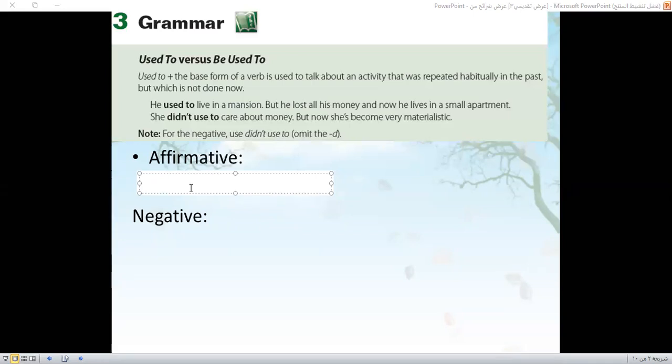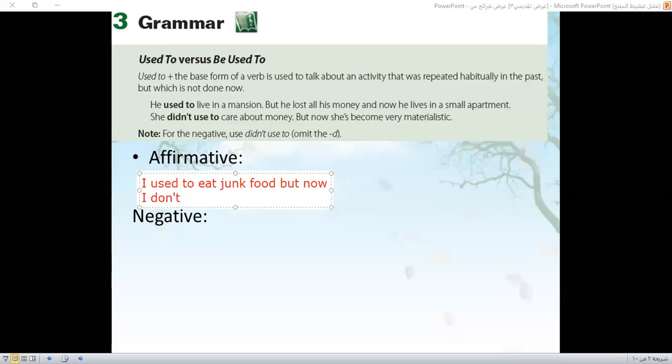Yes, Rawad. Yes, please. I used to eat a lot of junk food, but now I don't. Very good. Excellent sentence. I used to eat junk food, but now I don't.